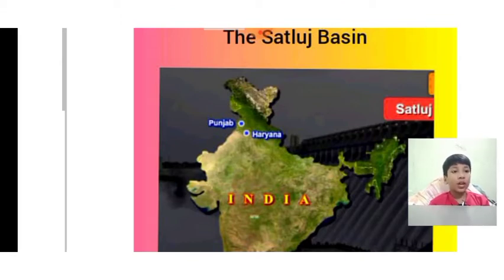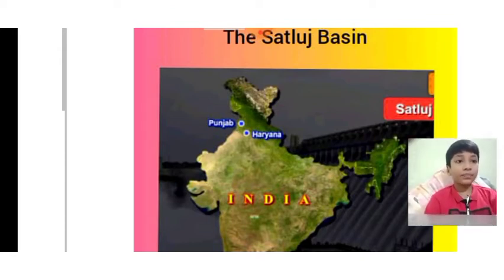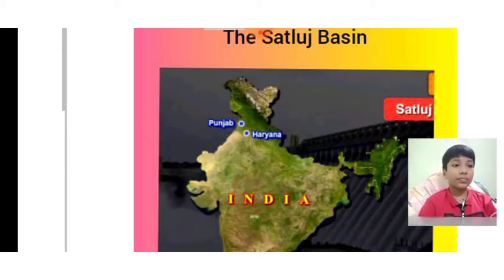The Brahmaputra, the eastern basin, gets heavy rainfall compared with the three river basins. The Sutlej, that is the western river basin, on the western side we will get very little rainfall.